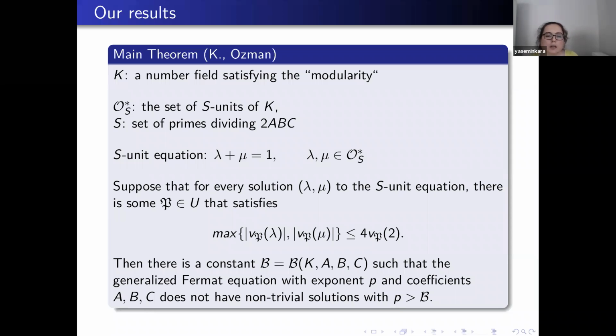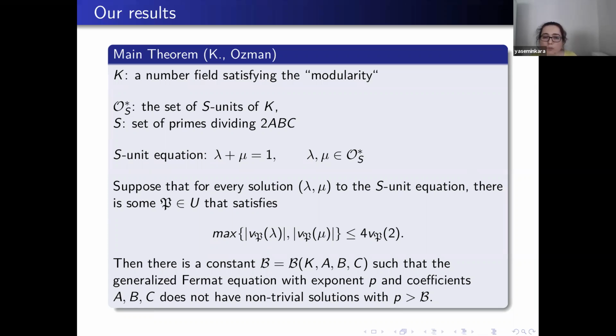And if these S-unit solutions satisfy a valuation condition, which is given by an inequality, so the maximum of the absolute values of the valuations of lambda and mu at beta is less than or equal to 4 times the valuation of 2 at beta.